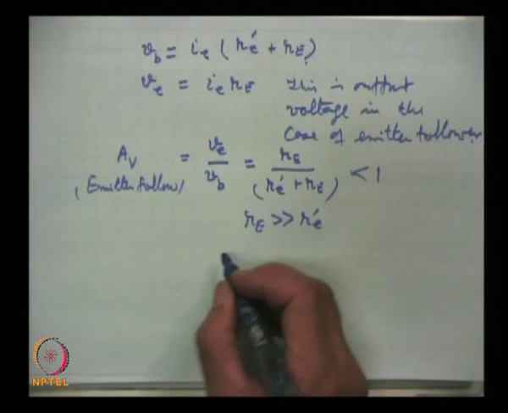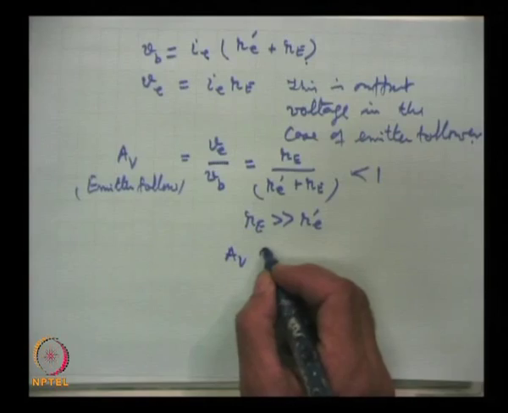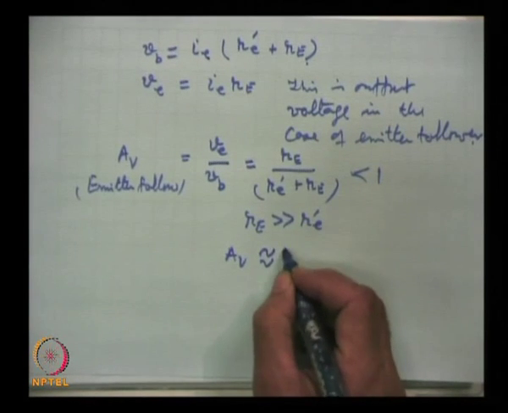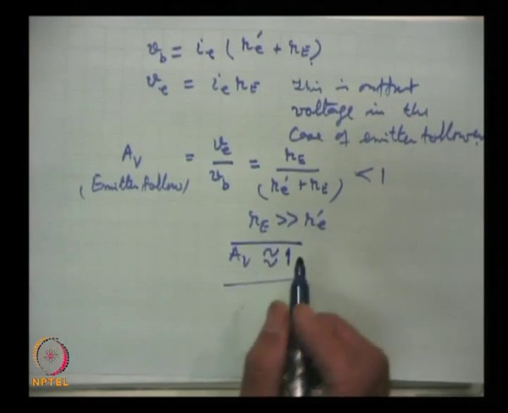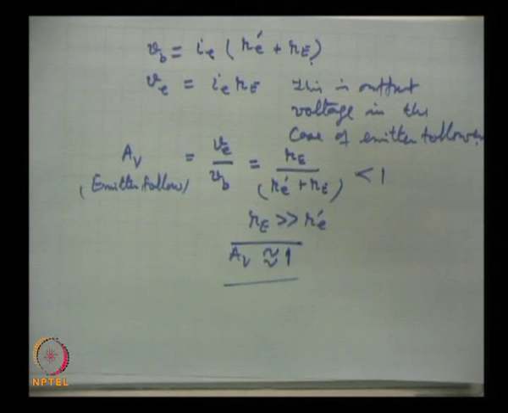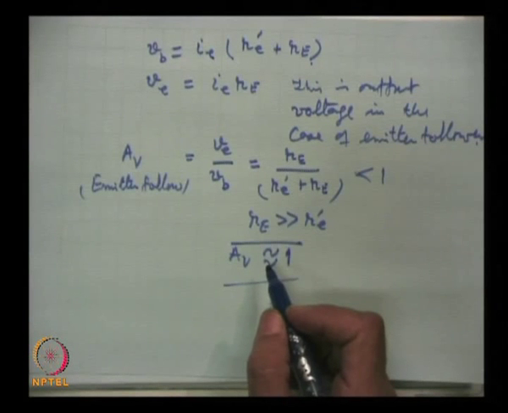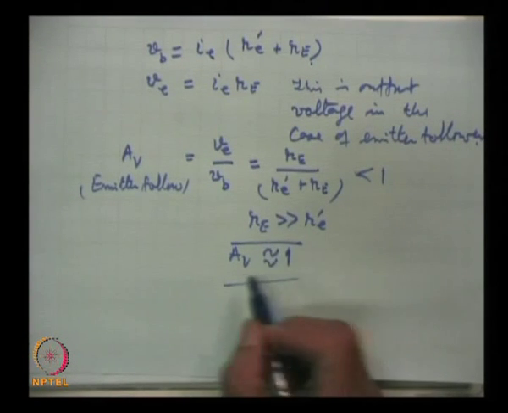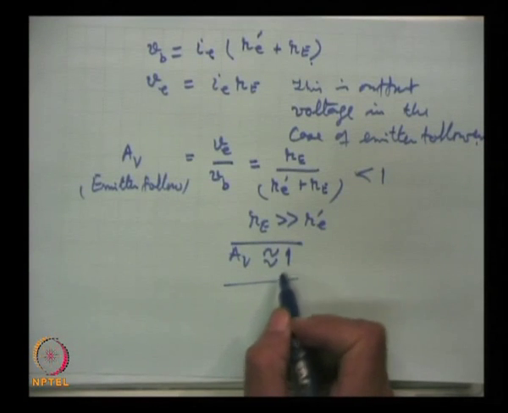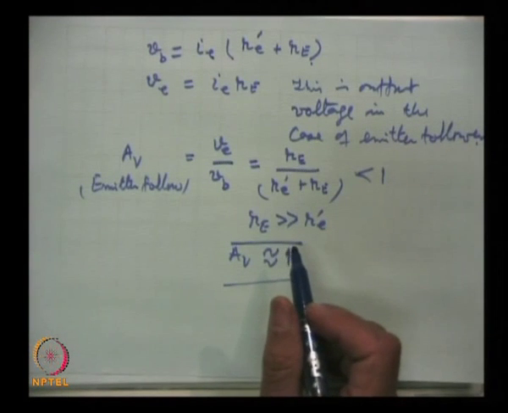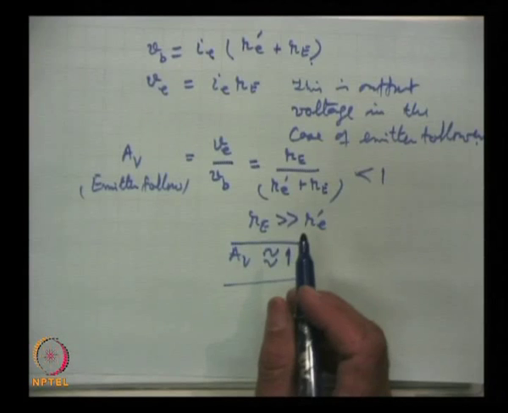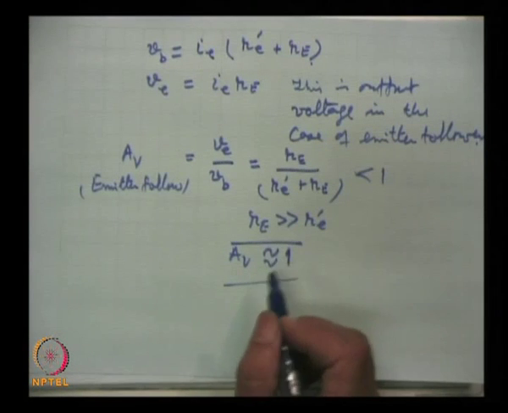In that case, the voltage gain is very close to unity. So, remember, there is no voltage gain in common collector, that is, the emitter follower. But we can find out the current gain.